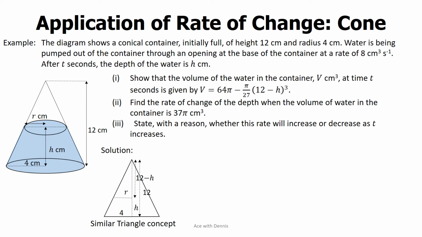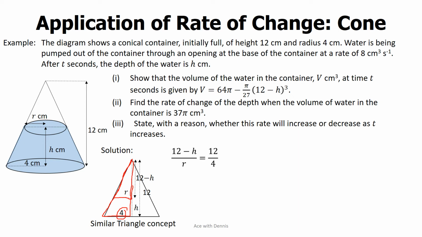Can you see the small triangle and the big triangle? Let me show you first. This is the small triangle with the base as R and the height 12 minus h. And this is the bigger triangle with the radius 4 and the height 12.